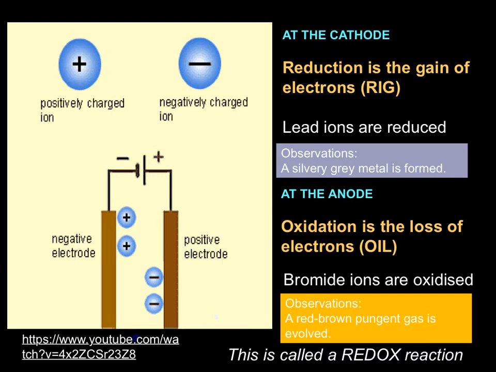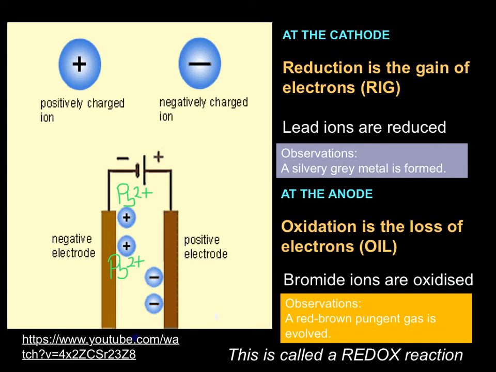If you look at the diagram, I could fill in my lead ions with a Pb2+ charge, and you've got a similar diagram in your notes. The Pb2+ ions are attracted to this negative electrode, simply because opposite charges attract.